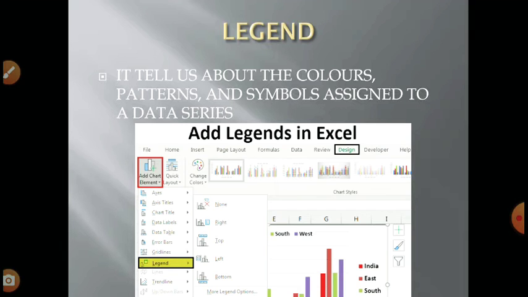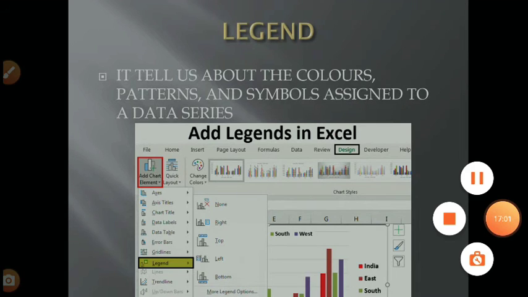So all your green is your south, east is your maroon and red is your India and purple is your west. So just by seeing the color and the name you can understand which data you are seeing and what it is about. Okay class, let us move to our next component in chart.